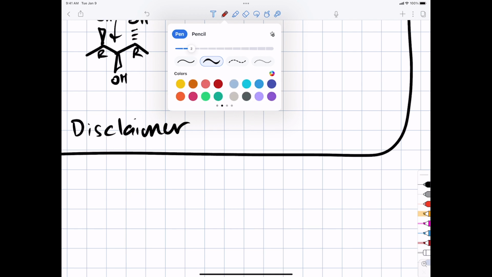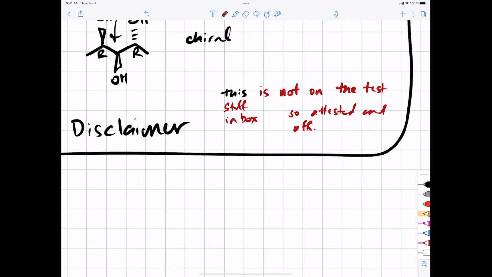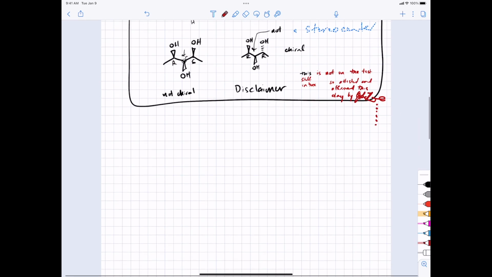We need a sort of deep red color. This stuff in the box is not on the test. So attested and affirmed this day, with the dripping blood in perpetuity, world without end.